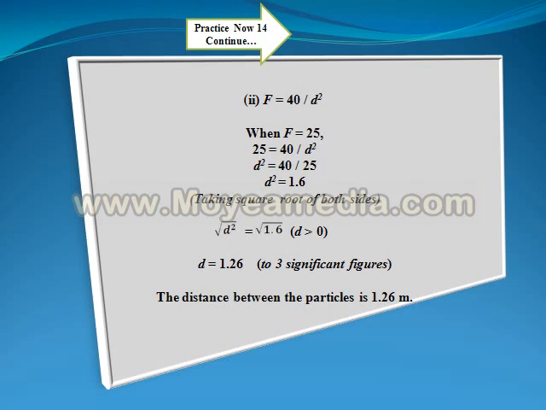I took just because when you take the square root of 1.6, it's going to be a long answer after the dot. So we just remove that. I just took 2 digits after the dot. All together becomes 3: 1, 2, and 6. 3 digits over here. So the answer is now: when the particles are 1.26 meter apart, the force between them is going to be 25 Newton.